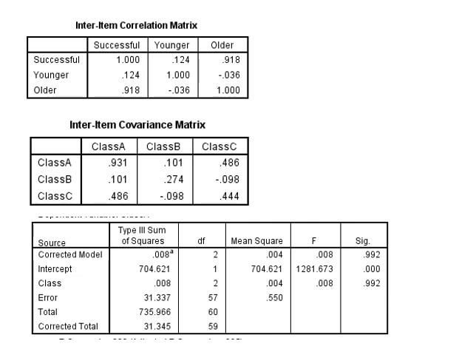If you were using this data, for instance, to make an argument for practical application, to suggest that you could generalize these three groups, the successful group, the younger group, and the older group, this would actually argue against it. There's a very strong intra-class correlation. Some of them are highly related, some of them are not, and that's not necessarily based on the effect of the difference between successful, younger, and older.